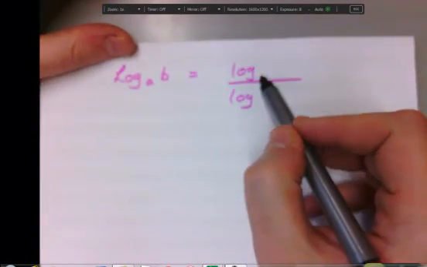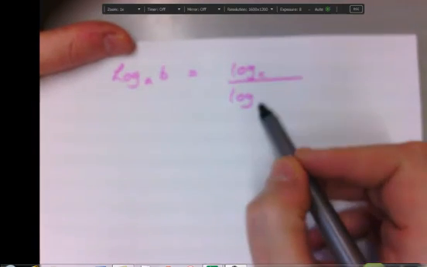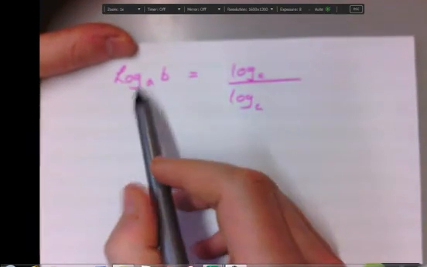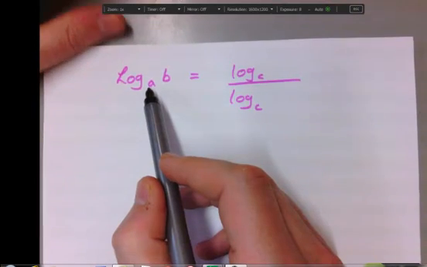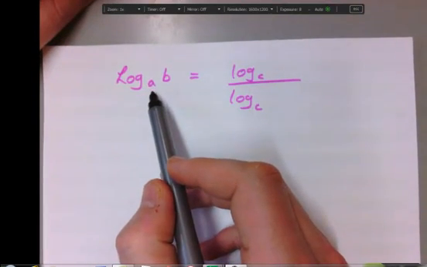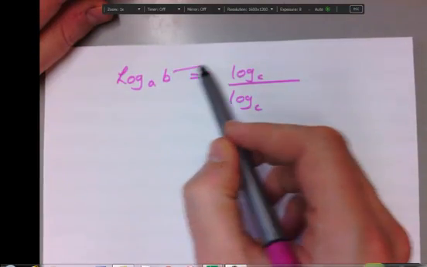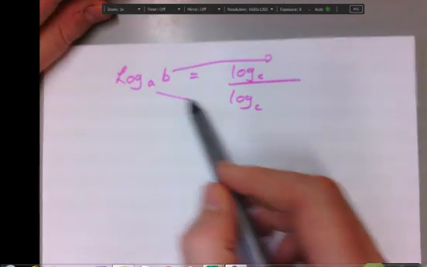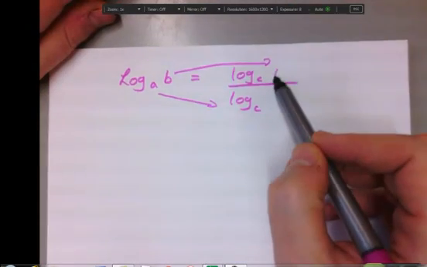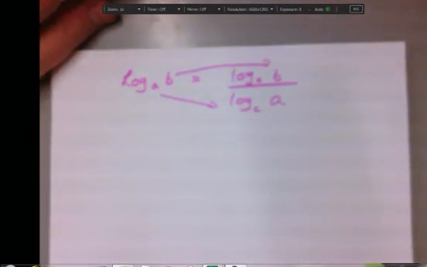You can put in any base that you want. I'm going to choose c. So you'll notice c is a new base. It's not the same as the one over here. But the thing to remember is the b is slightly above the a. So the b goes on top, the a goes to the bottom.